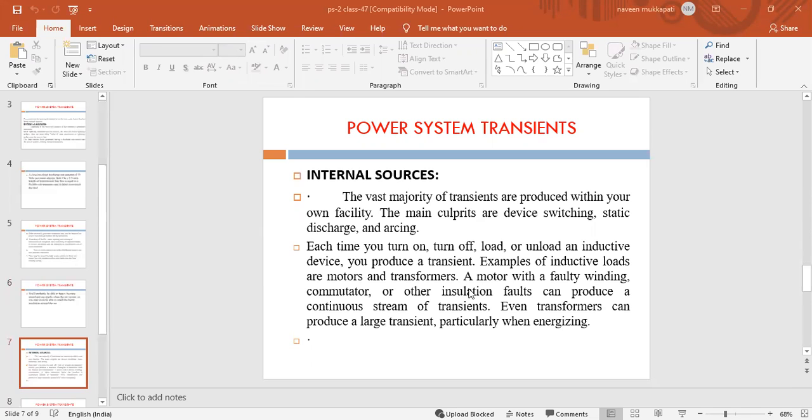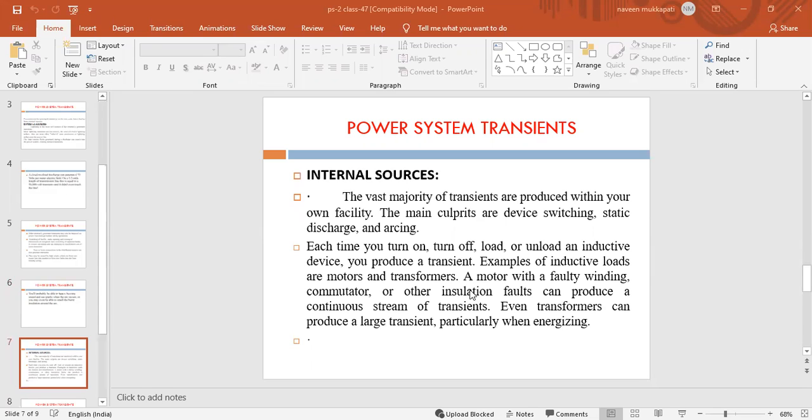Next, coming to the second case, that is the internal sources. Internal causes are produced due to resonance, insulation failures, switching operations and arcing.